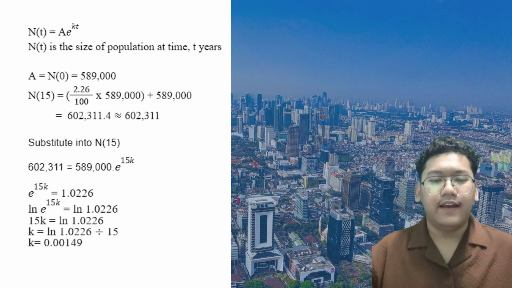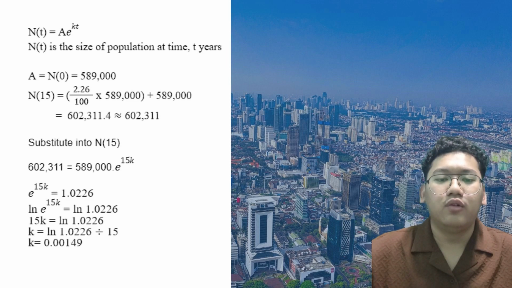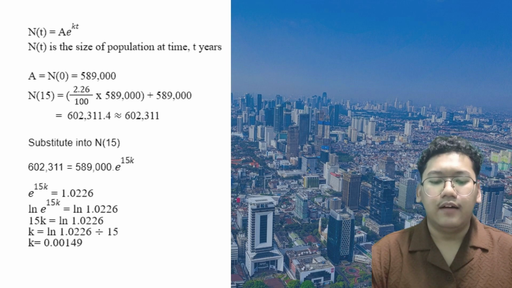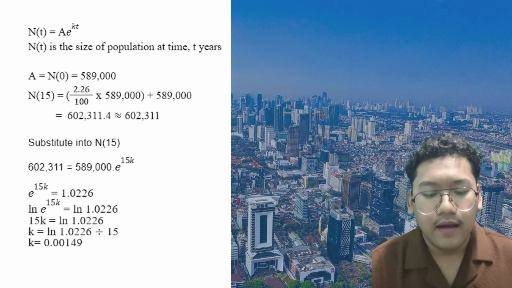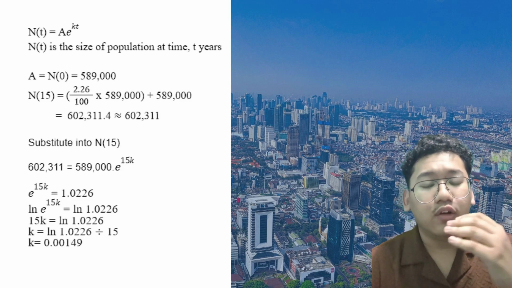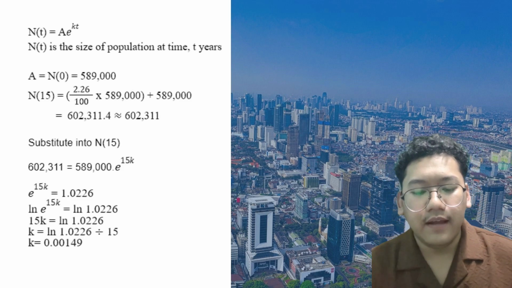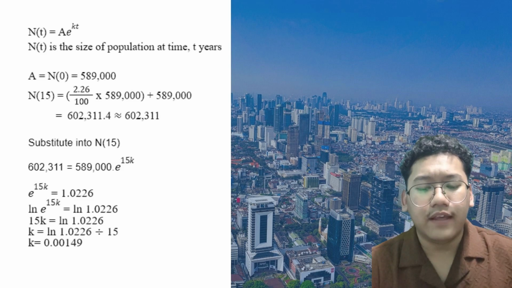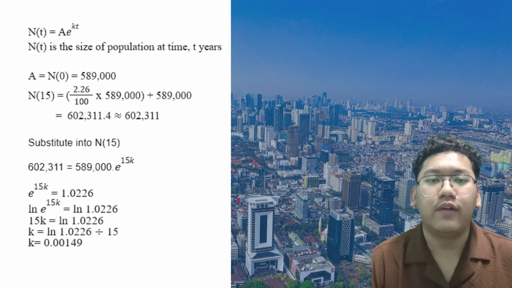So we use again exponential rule. We ln both sides of the equation. So ln e^15k equals ln 1.0226. We get 15k equals ln 1.0226. So we divide ln 1.0226 by 15, and then we get the value of k equal to 0.00149.